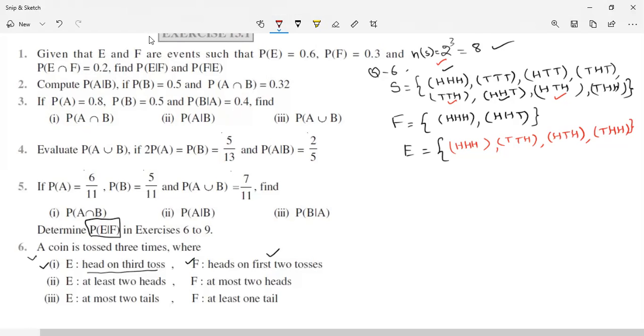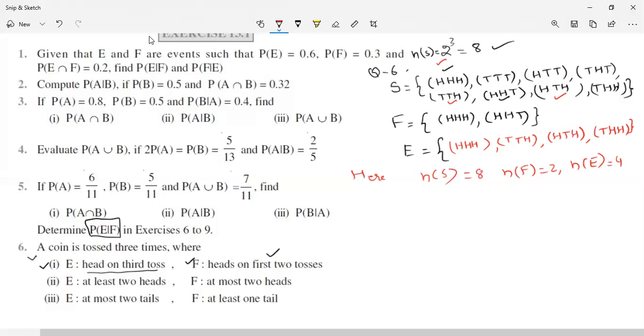Okay, and the total number of possible outcomes is 8. So n(S) is equal to 8. Number of favorable outcomes to event F is 2. Number of favorable outcomes to event E is 4.